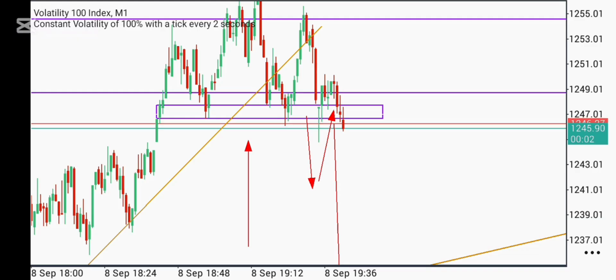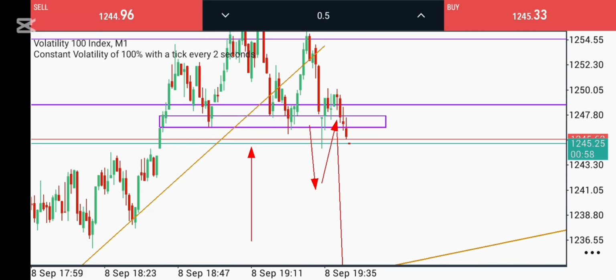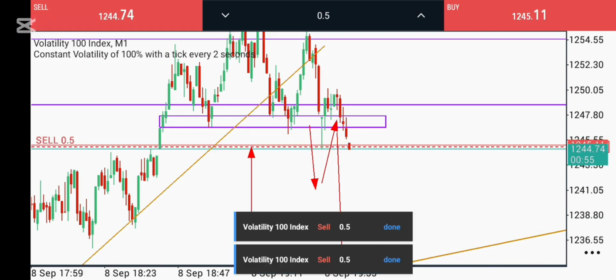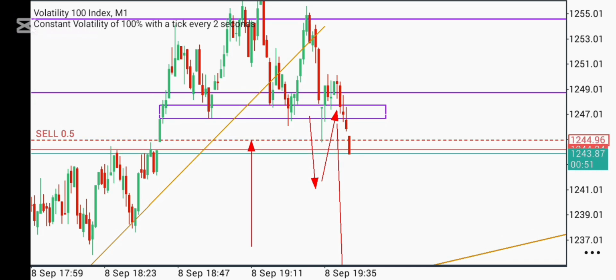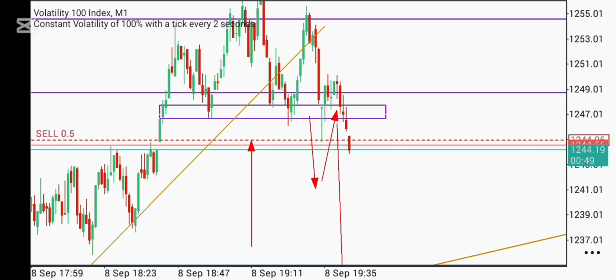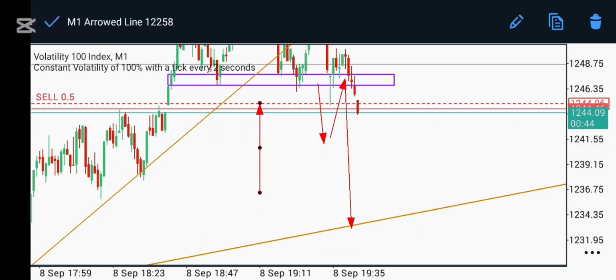This is it, guys. Market closed below. So I'm just going to open two positions and see how far the trade will go. So let me take out some of these lines.